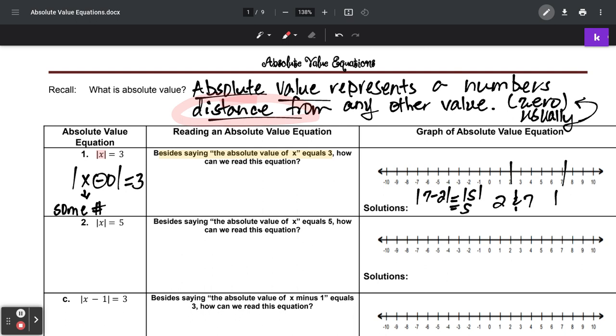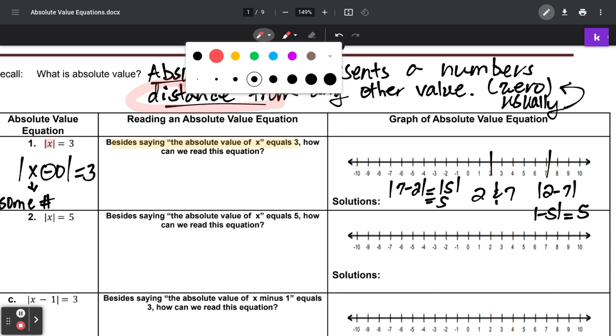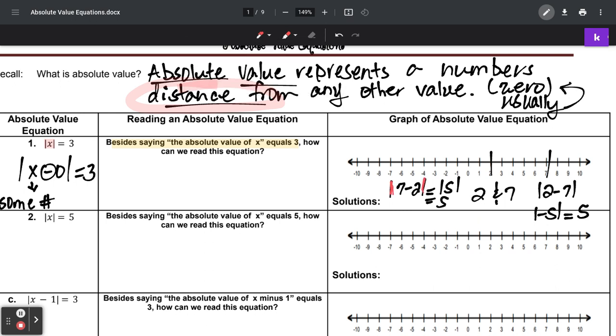Or I could say the absolute value of 2 minus 7, which is -5. But the absolute value of -5 is 5. That's because distance can never be negative. So that's another reason we use these absolute value symbols, to ensure that we don't get a negative distance, okay?